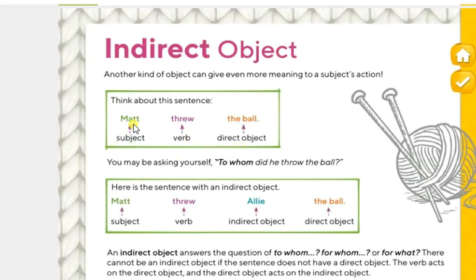We ask, Matt threw what? That's the direct object. The ball. You may be asking yourself, to whom did he throw the ball? Here is a sentence with an indirect object. Matt threw Ali the ball. Threw the ball to whom? To Ali.